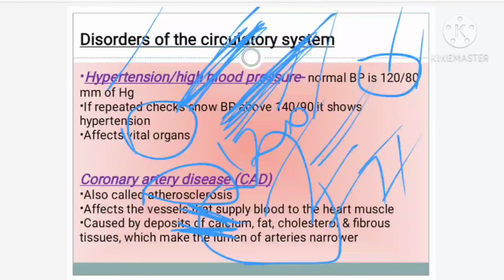So it will lead to what? A high pressure. With that, the blood will flow into the heart, and it can cause the heart to get damaged, it can cause a heart attack. Okay, so this one we call as what? Coronary artery disease. So the arteries are becoming narrower, because of which the pressure is increasing, causing disease.